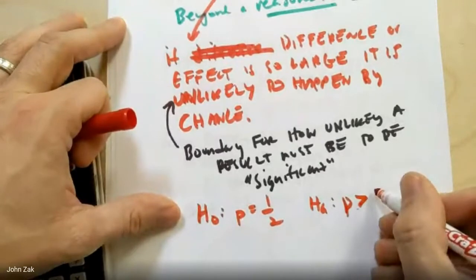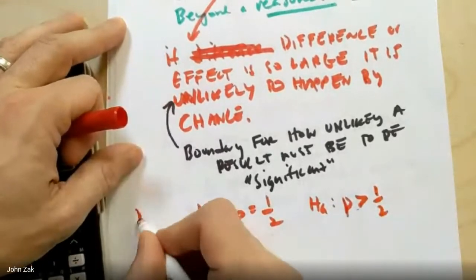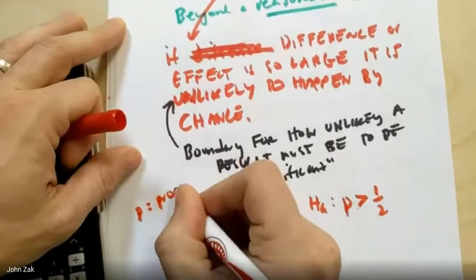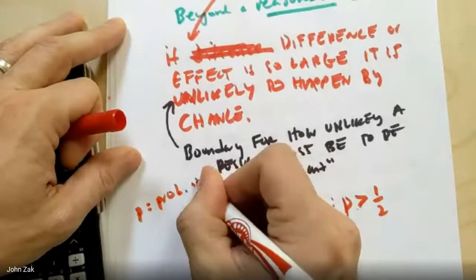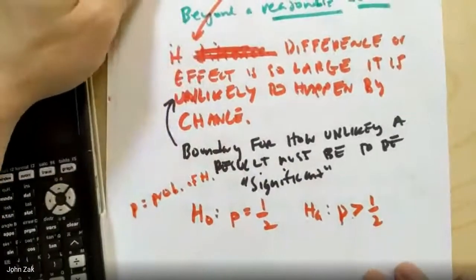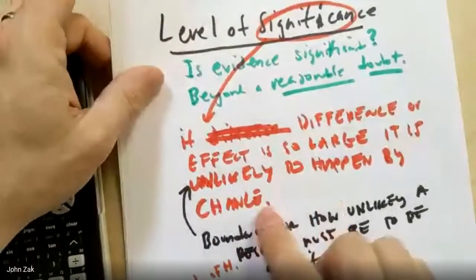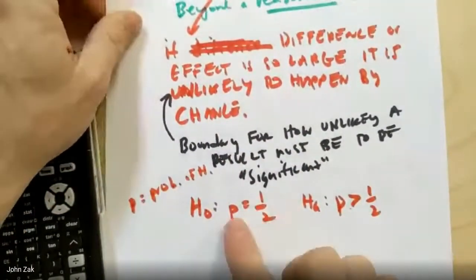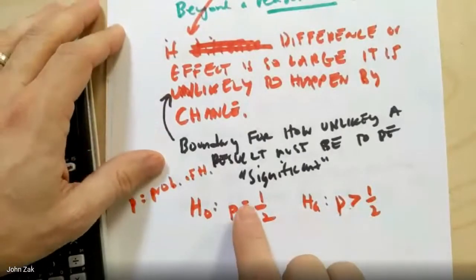So the probability they're saying is greater than a half of rolling heads. So P equals the probability of heads, right? Then a level of significance would be trying to say how unlikely a result will have to be, so significant that I would reject the null hypothesis.